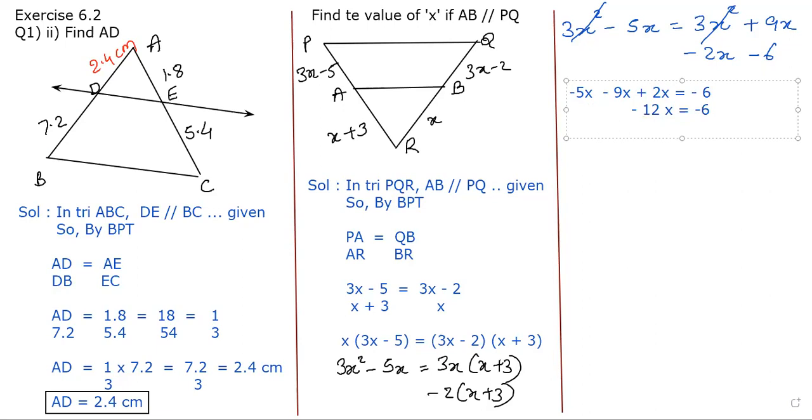So what is x? Minus 6 upon minus 12, and that becomes minus minus cancel, and x ultimately becomes 1 upon 2. Yes or no? Yes, sir.